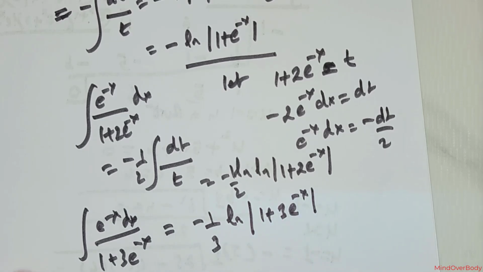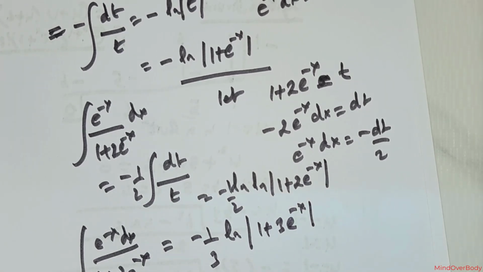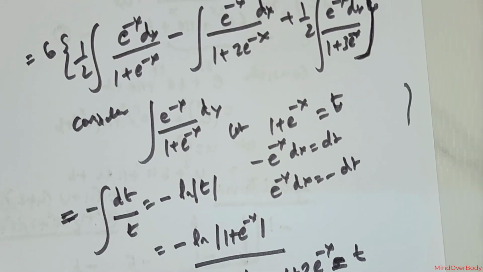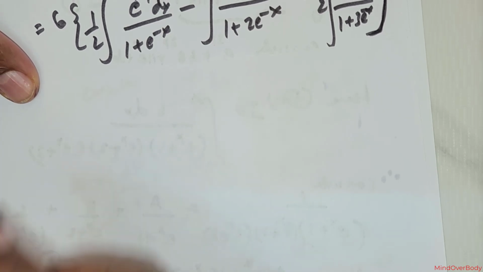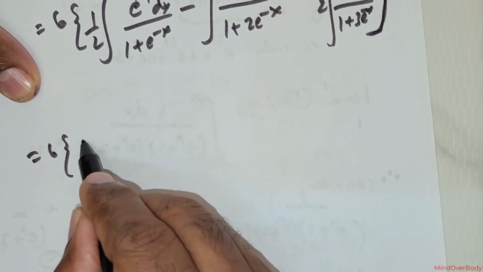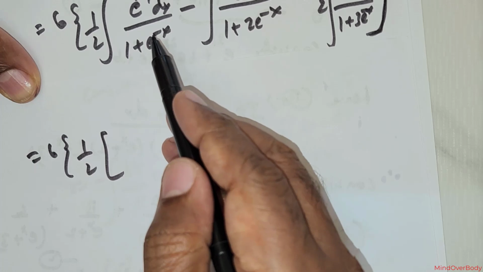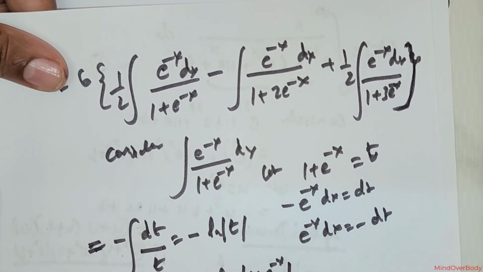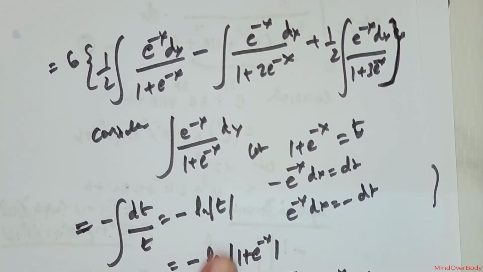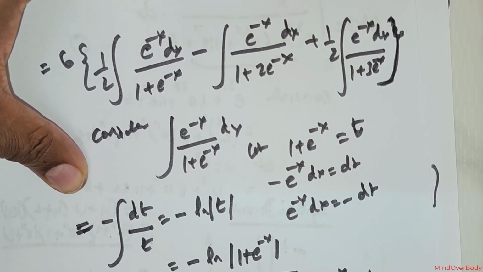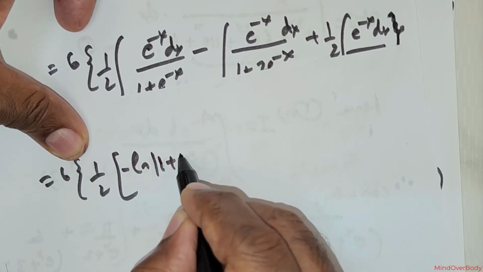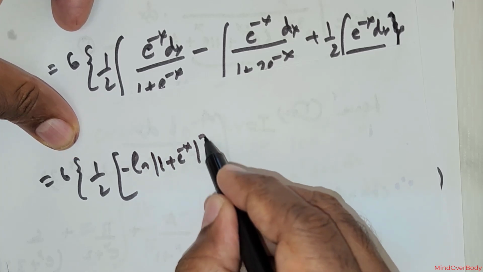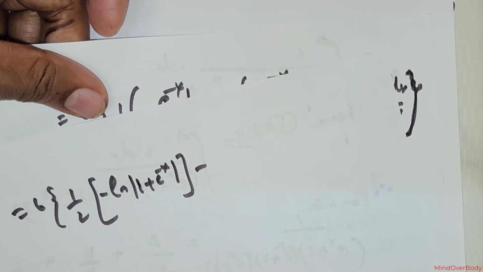Now what we have to do is go and substitute these quantities. So I hope you are watching. Let me go to this side of the space here. So this is equal to, let me retain the 6 as it is, I have a 1 over 2. In place of the first quantity, I have negative ln 1 positive e raised to the power of negative x, followed by a negative sign.